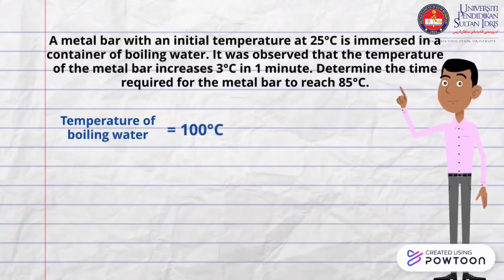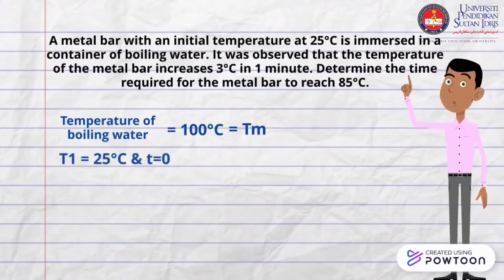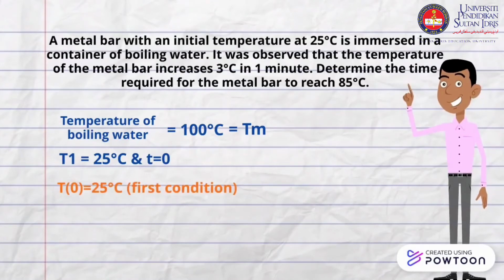So 100 degrees Celsius is the temperature of the medium. From the first sentence, the initial temperature is 25 degrees Celsius at time equal to 0. So the first condition is T0 equal to 25 degrees Celsius.